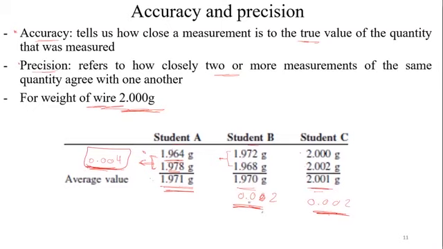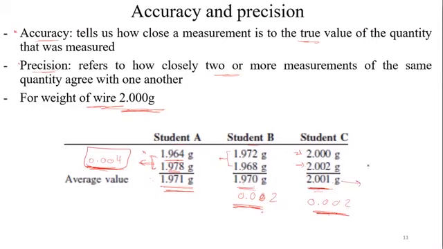As for the accuracy here, the values here and there give me an average of 2.001, but here it gives me 1.970.